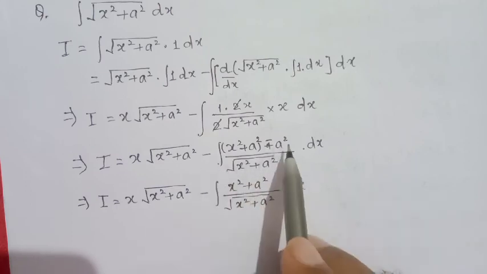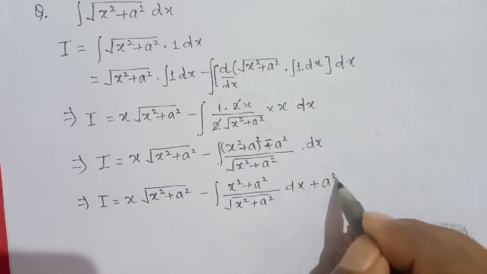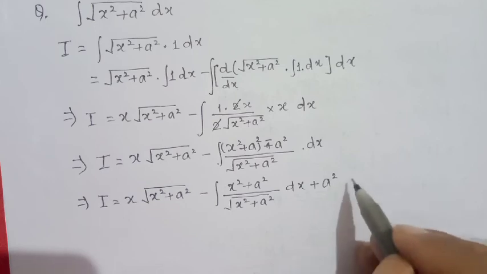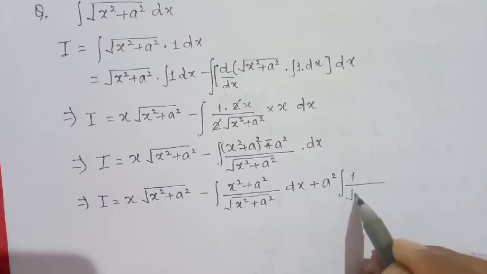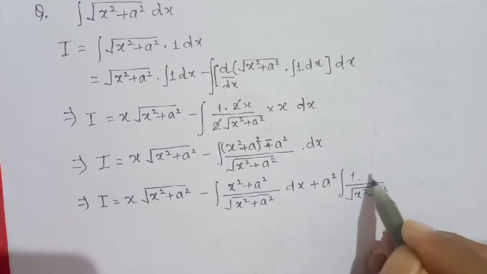Minus and minus together becomes plus a square, which is constant, so write it outside the integration, by 1 by under root x square plus a square into dx.